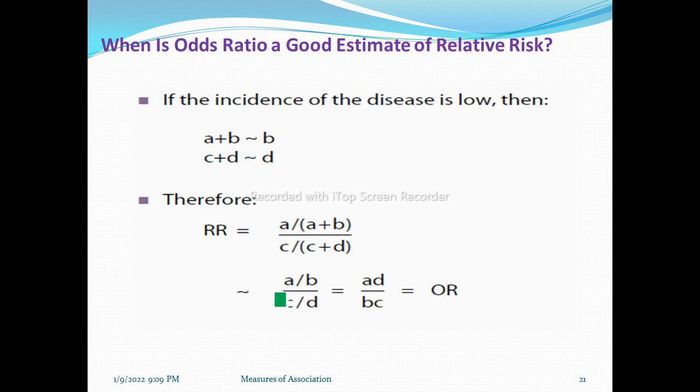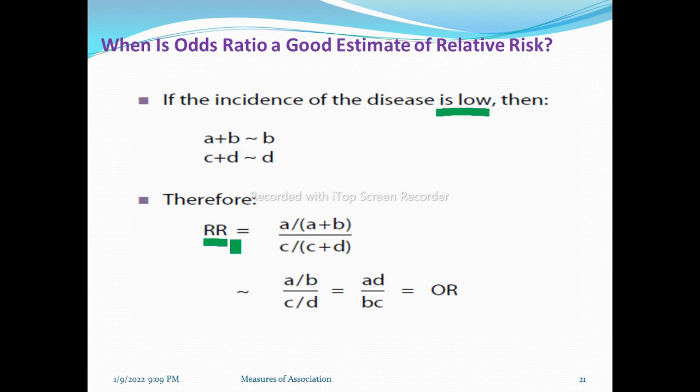So when is odds ratio a good estimate of relative risk? If the incidence of the disease is low, then A plus B approximates to B, C plus D approximates to D. So that means A plus B is B, C plus D is D.